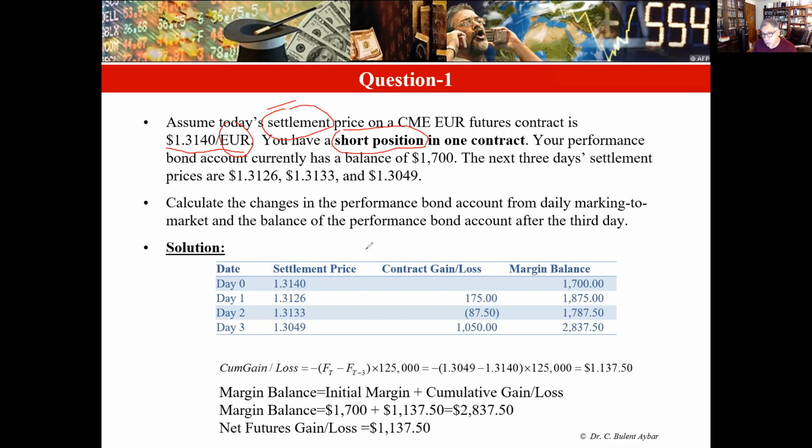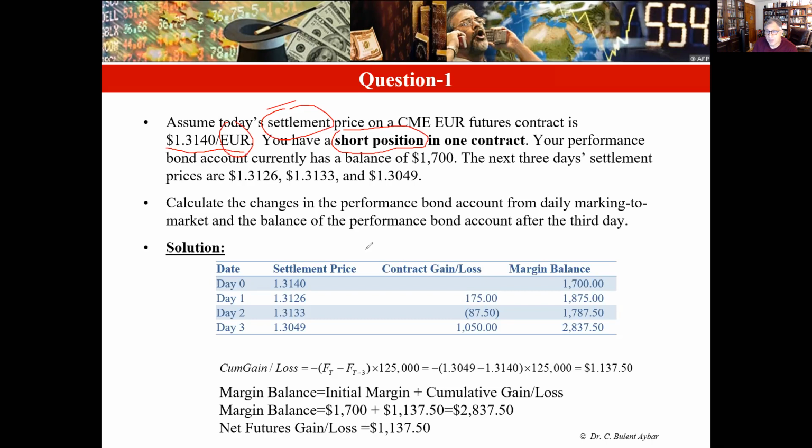It is our own money, but as the day goes by, if our contract loses value, money is going to be taken out automatically from this account. Or if we make money in the contract, money is going to be deposited into this account.